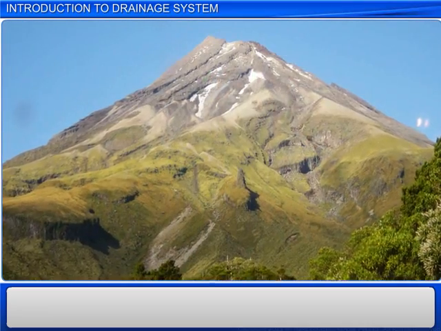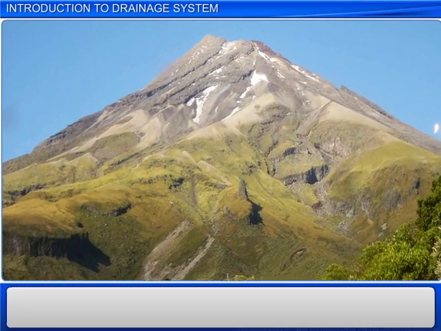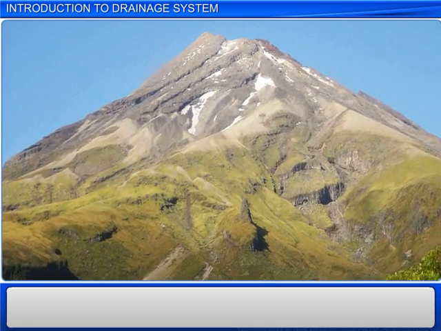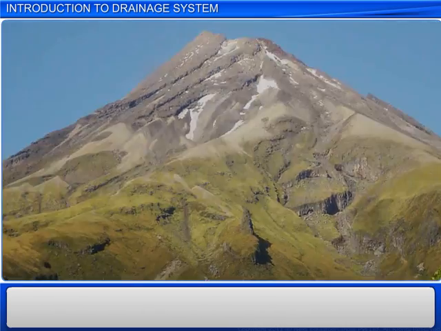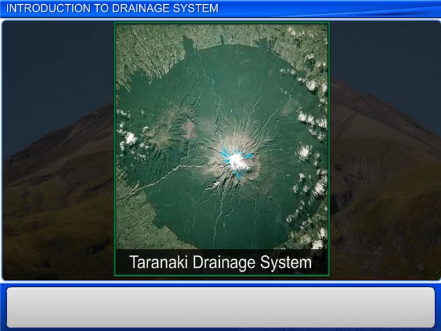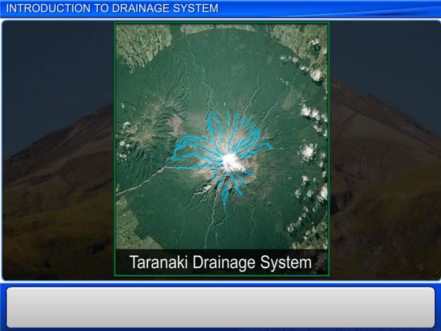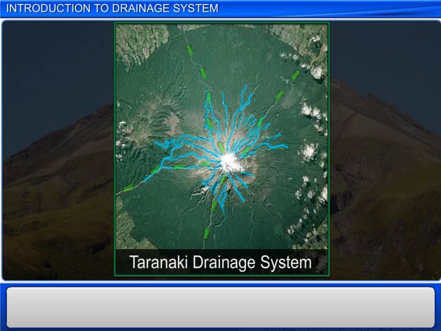The Taranaki drainage system in New Zealand is a remarkable example of the radial drainage system. Here, Mount Taranaki is the central peak, from where the streams flow in different directions, forming a radial pattern.